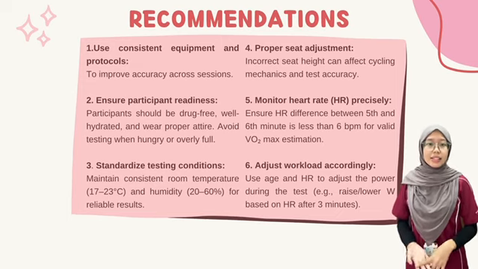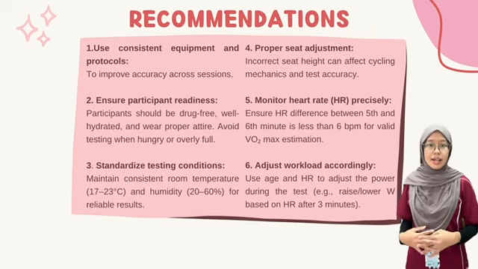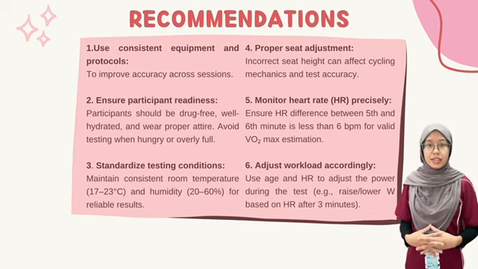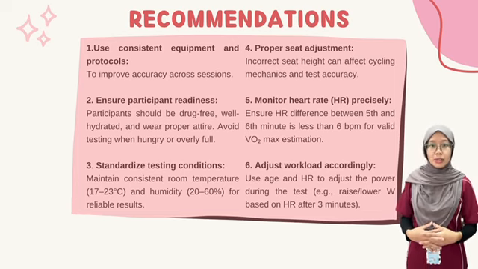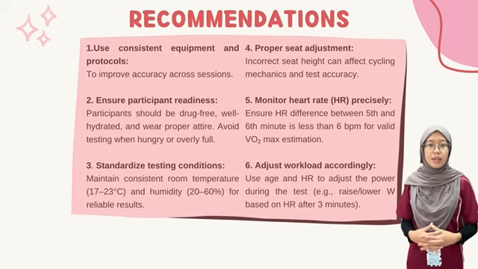Next, it is important to check the participant's heart rate during the test. The heart rate difference between the 5th and 6th minutes should be less than 6 beats per minute. This shows that the heart rate is stable, which is needed to get correct VO2 max results.